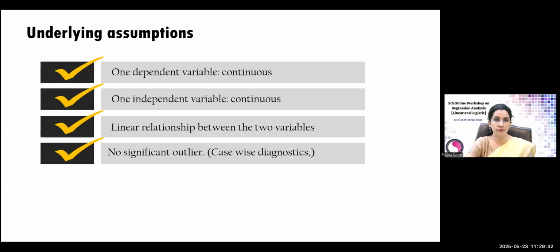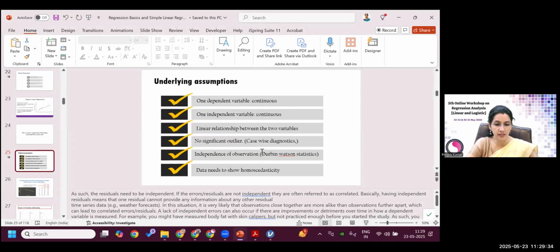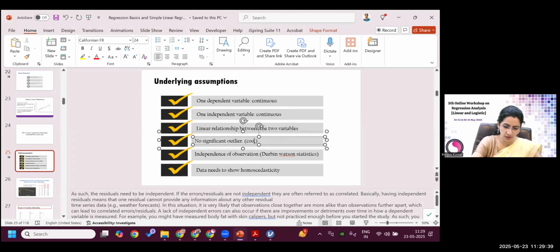And in case of a significant outlier, we check with the help of Cook's distance. I'll tell you what Cook's distance is. In SPSS, it is done by the case-wise diagnostic, but here it is Cook's distance.